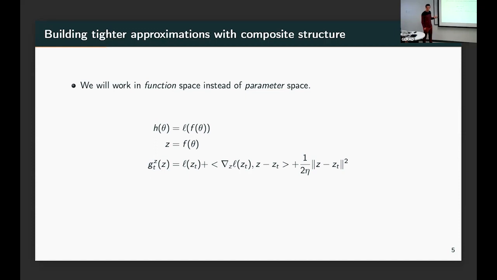When I said you have the whole spectrum between accuracy and simplicity, building a quadratic approximation in theta goes all the way to simplicity. Here this is kind of a middle ground, because I haven't told you yet how to optimize this, and that's not going to be as simple as a quadratic function of theta. But because this is quadratic in z, having basically replaced L with a quadratic, this is a much more accurate surrogate of the original function I'm trying to minimize.